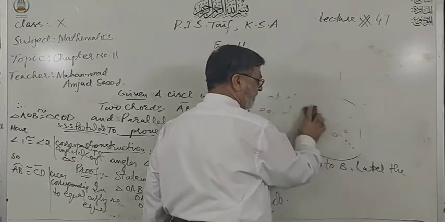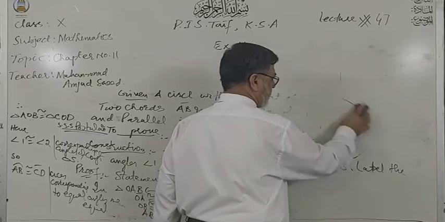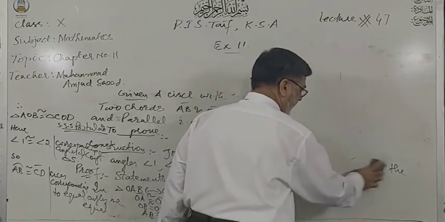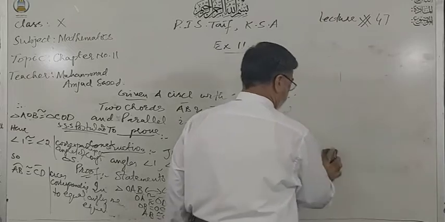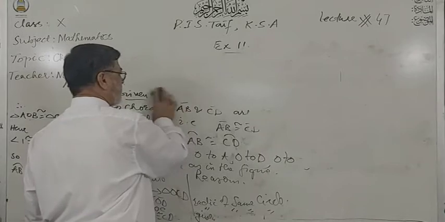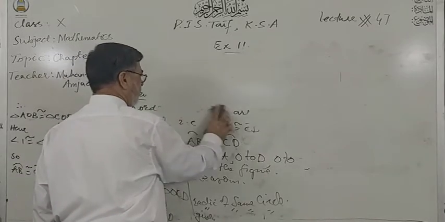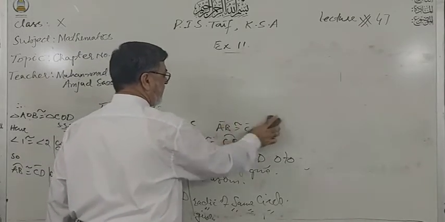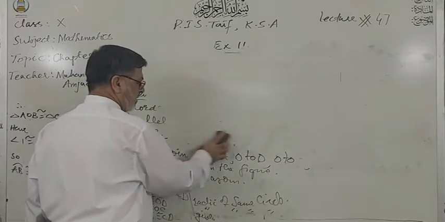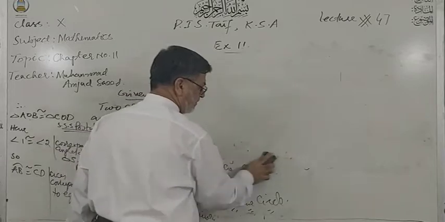The angle subtended by the arc at the center such that the length of arc is equal to the radius of the circle. That angle subtended at the center is known as 1 radian.